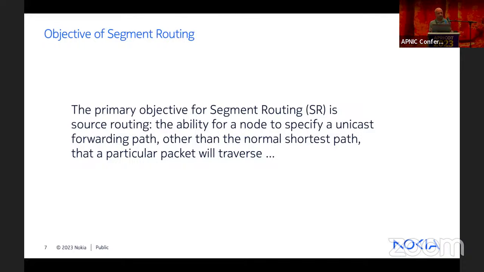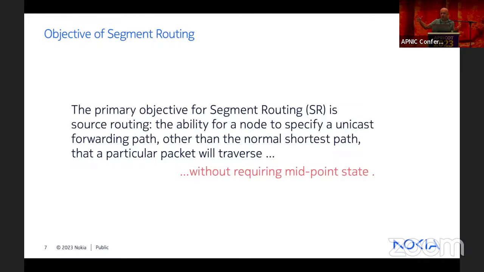So you want to have that ability for the packet to take this other path, but with a very key constraint here. The constraint was that this technology should not require us to have state in the midpoints of the network. So we're sending traffic from node A to node Z in the network, and it's passing through nodes B, C, D, and so on.